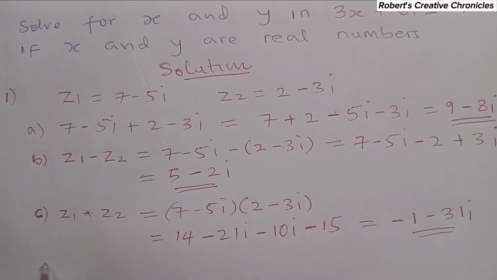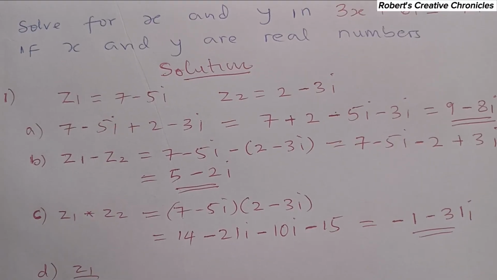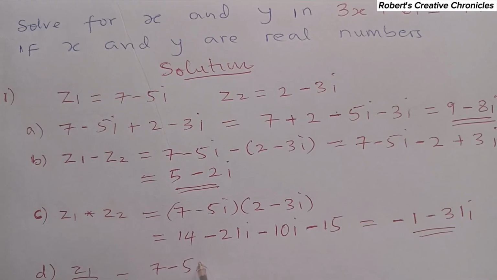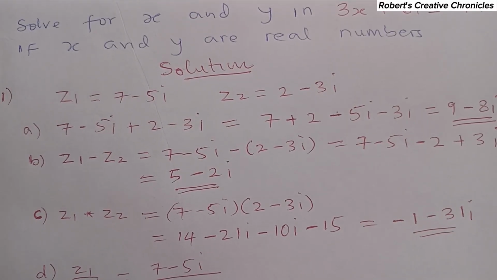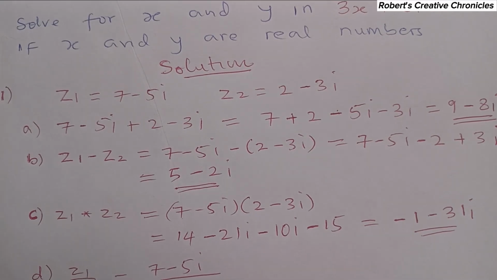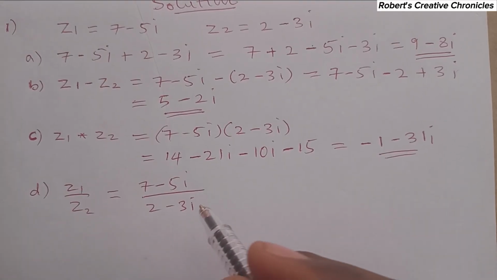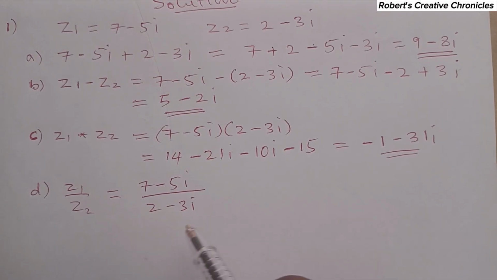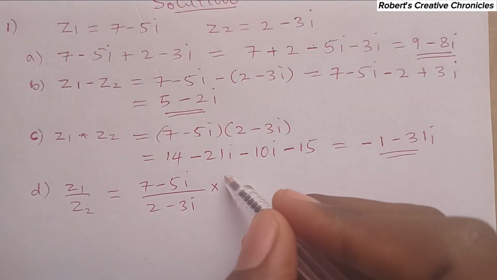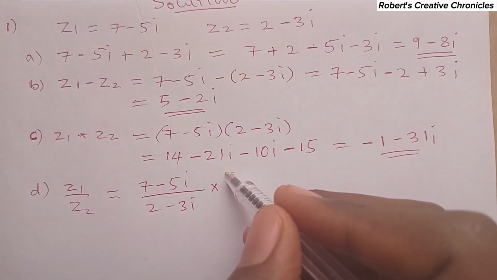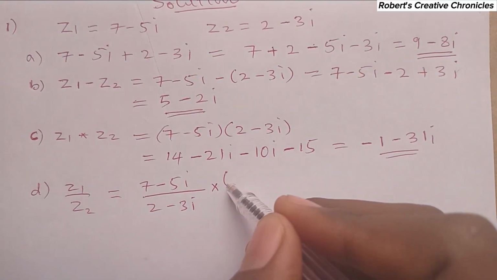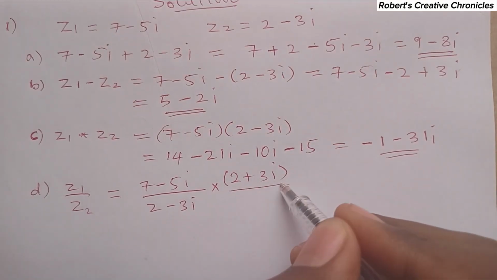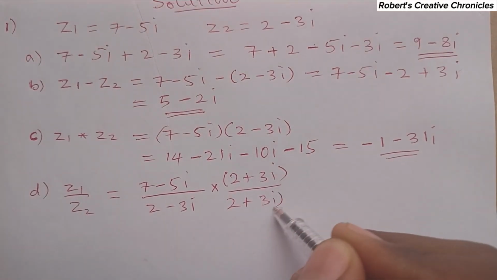So then this D part, z1 over z2, is 7 minus 5i over 2 minus 3i. In this kind, we have to find the complex conjugate of the denominator. We multiply the complex conjugate of the denominator by the numerator and the denominator. So it will be 2 plus 3i, that's the complex conjugate of this, over 2 plus 3i.